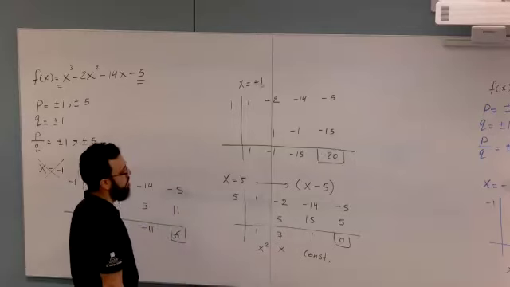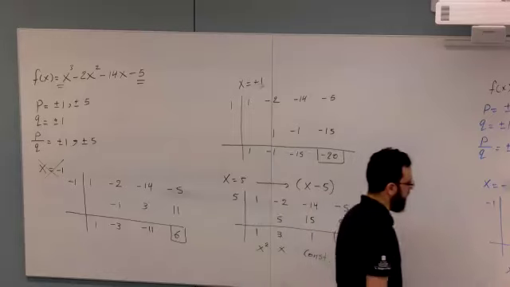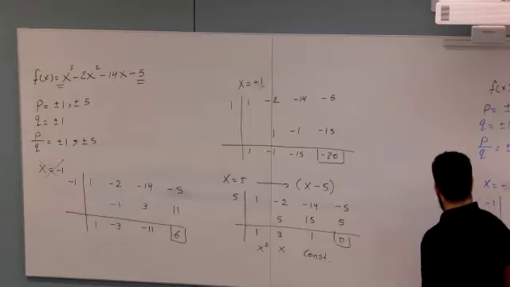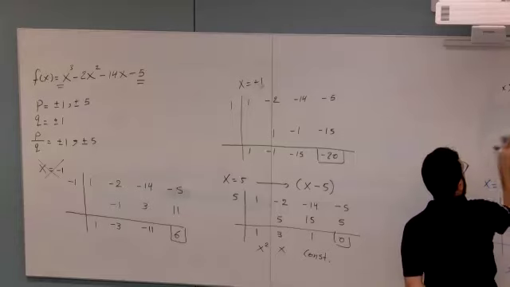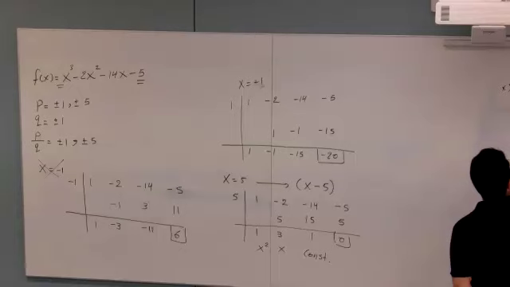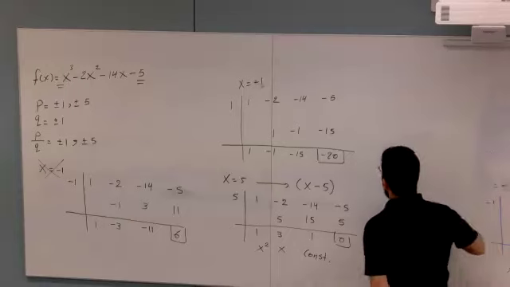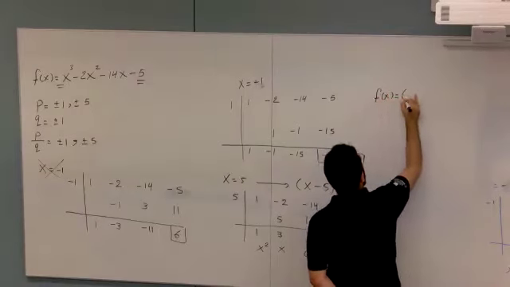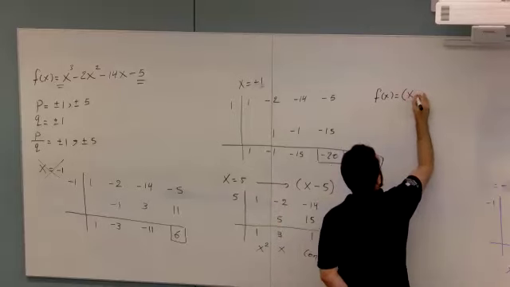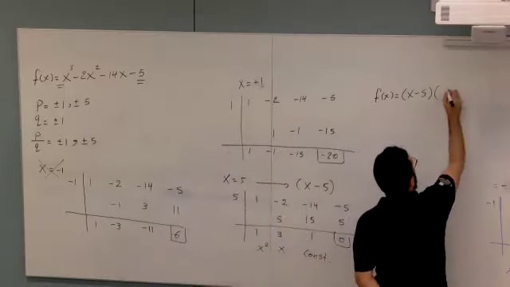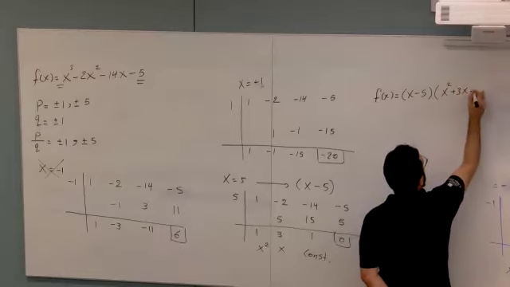Now can I write down the polynomial? Alpha of x is going to be x minus 5, and here is going to be x squared plus 3x plus 1.